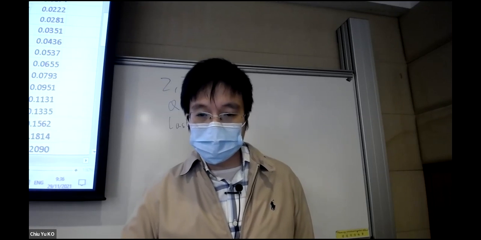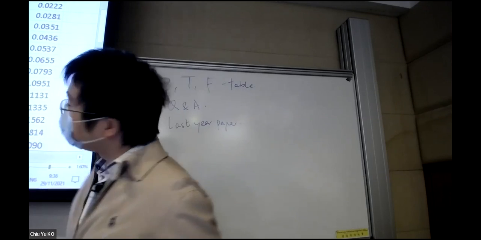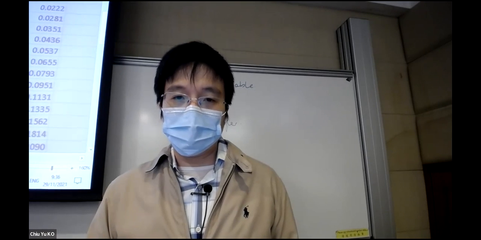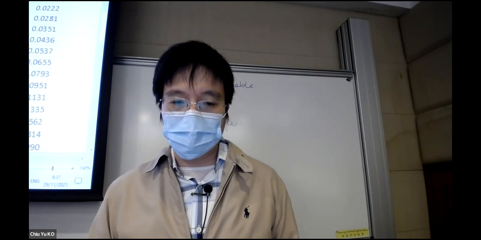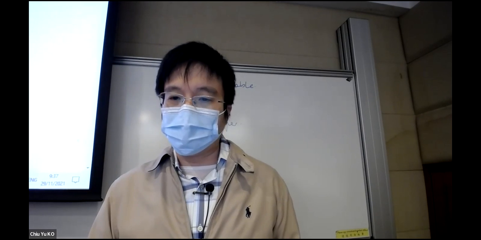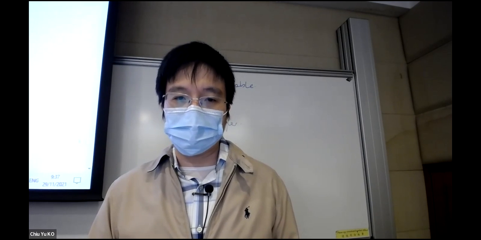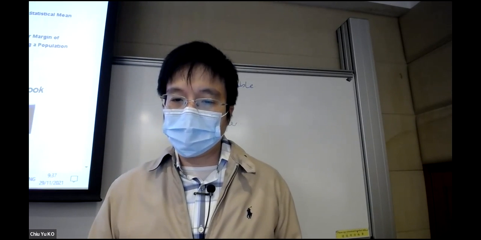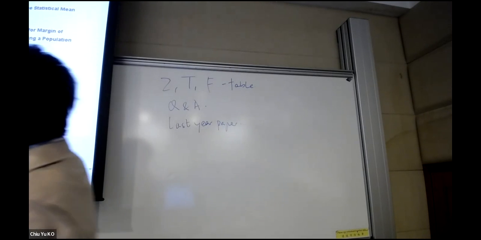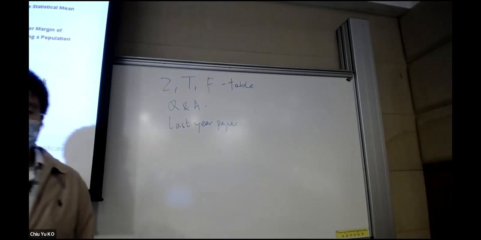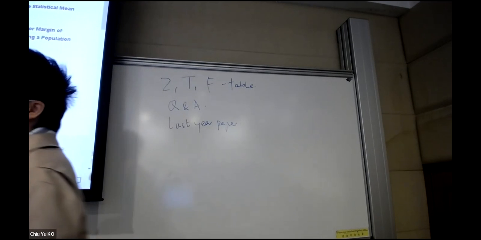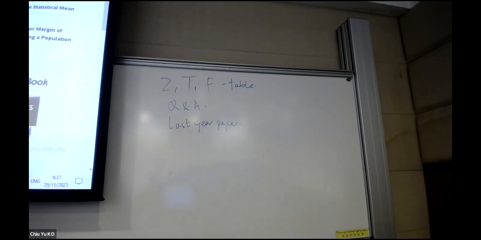Is there any question? So you will be using this one. You can print this out, or you can just go to the web, as I said. Find anyone you like. Maybe you can print out the Z table like this one. You can just pick up the Z table you like from the web and bring it to the test.